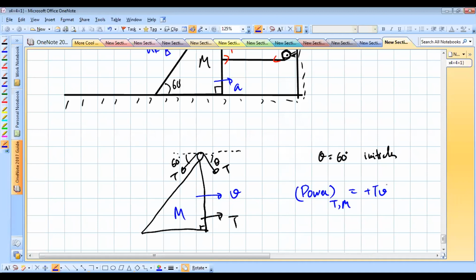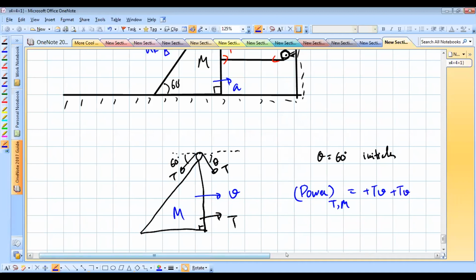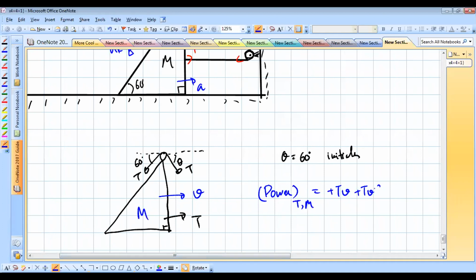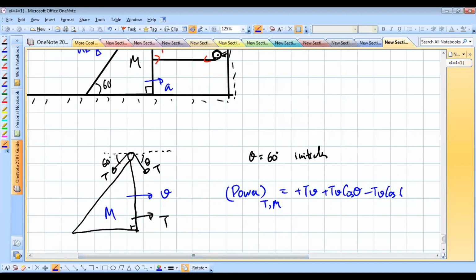Okay. Then again plus T into V cos theta at this point. Okay. It is moving like this. Minus T into V cos 60 degrees, like this. Okay.